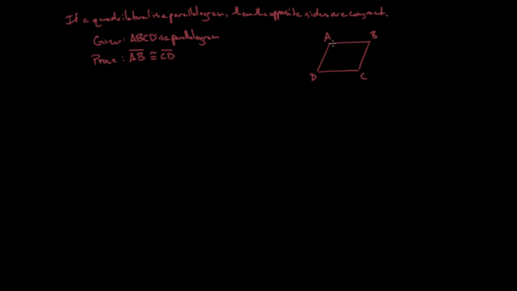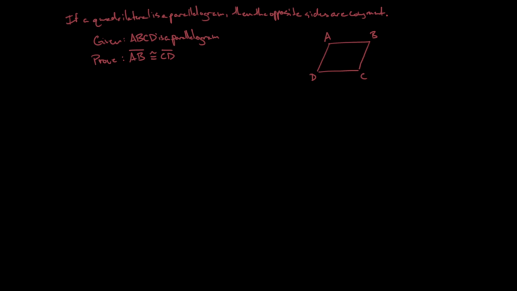So if I can prove AB and CD congruent to each other, then I could just prove AD and BC congruent by repeating a similar process. In this case it actually would just be one more step, but because I'm doing all these properties, I'm just going to leave it there.